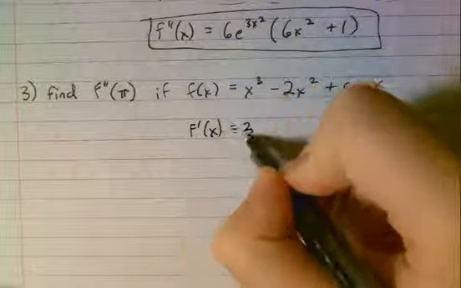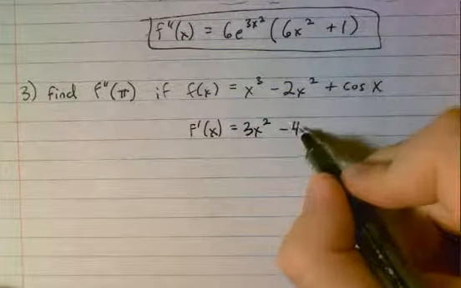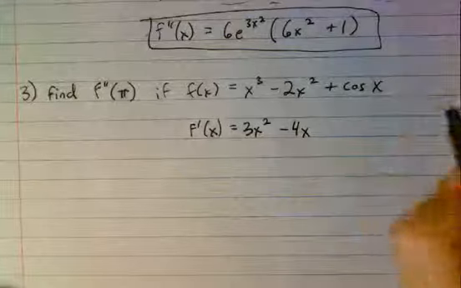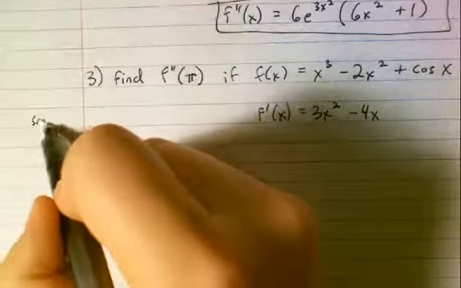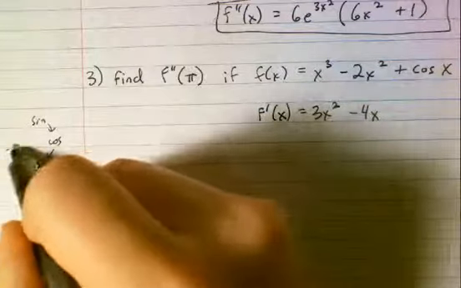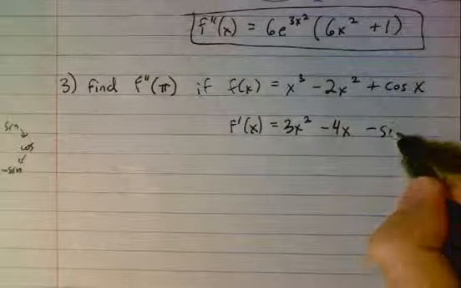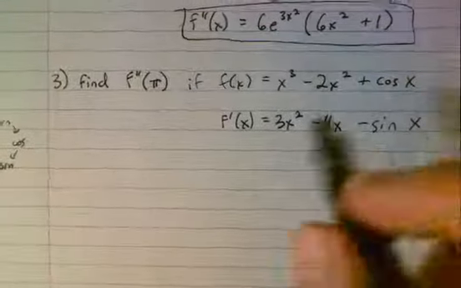So we bring down the exponent, 3x squared minus 4x. The derivative of cosine is negative sine of x. So far so good.